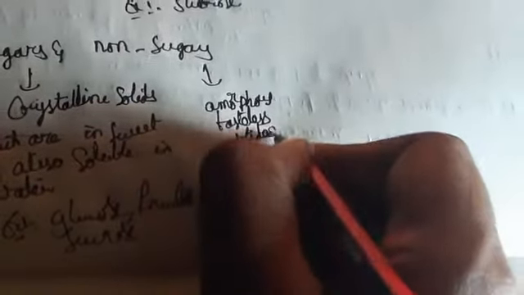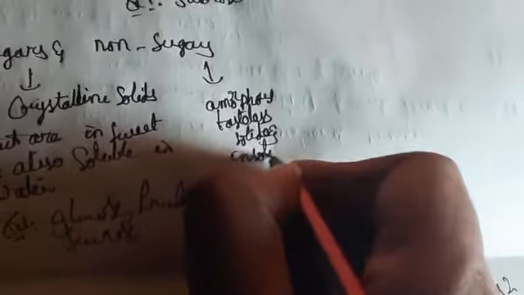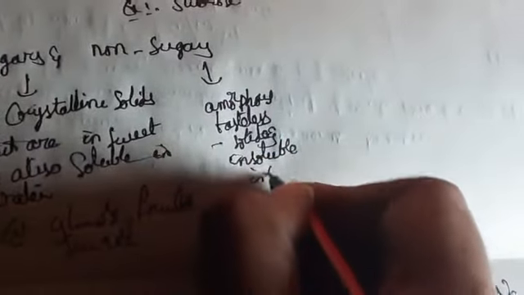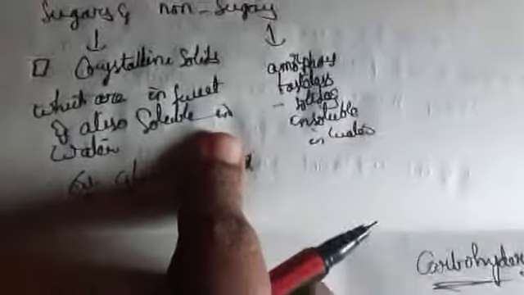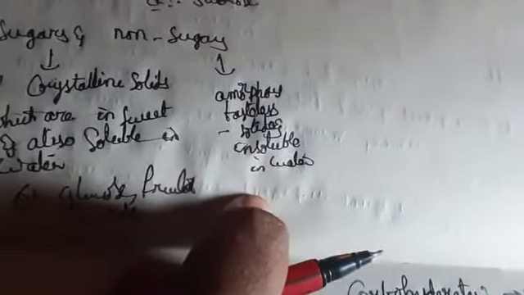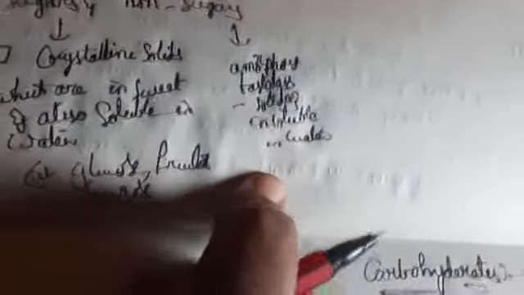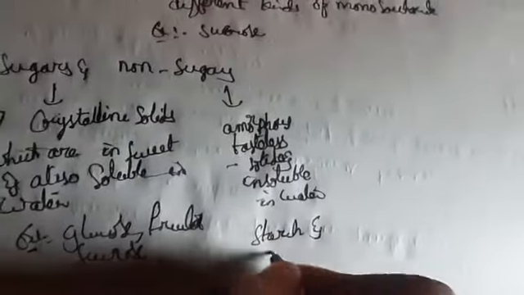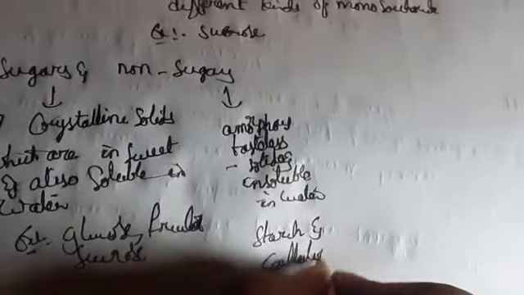These are in powder shape. Amorphous, tasteless solid, and insoluble in water, we call it as non-sugars here. Non-sugar means what? Which are in powder type, tasteless solids, and insoluble in water, we call it as non-sugars. Here example will be starch and cellulose. These are the examples of the non-sugars.